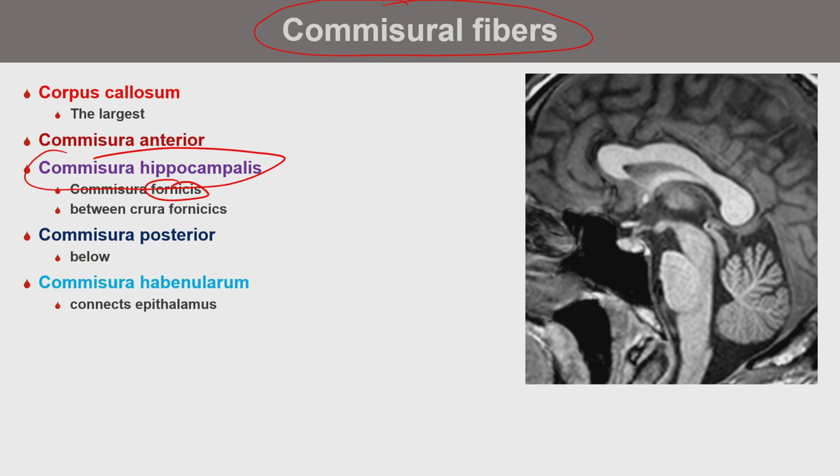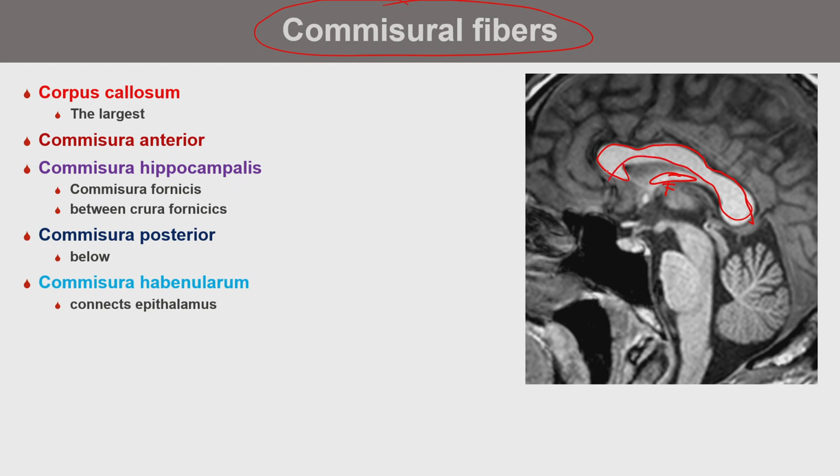So the commissura hippocampalis is a part of this fornix between the crura fornicis. But then this is somewhere here. This is a fornical commissure, hippocampal commissure. So these are crossing fibers from left to right, hippocampal formation. Then we have the largest one, which is called the corpus callosum.